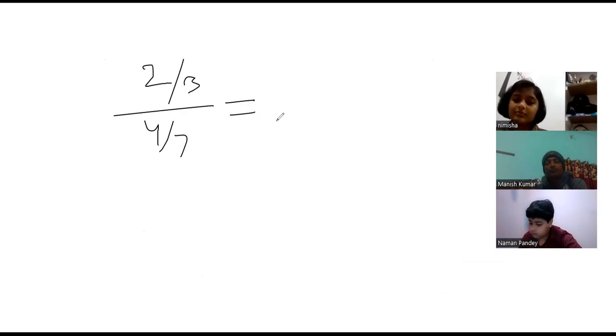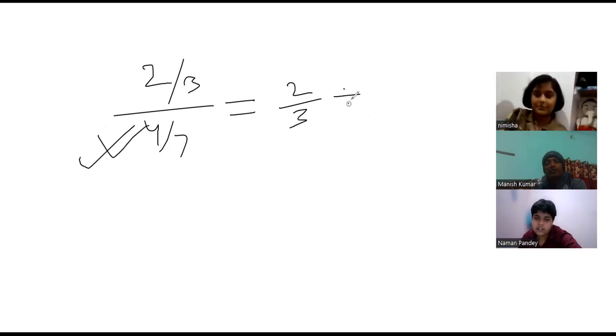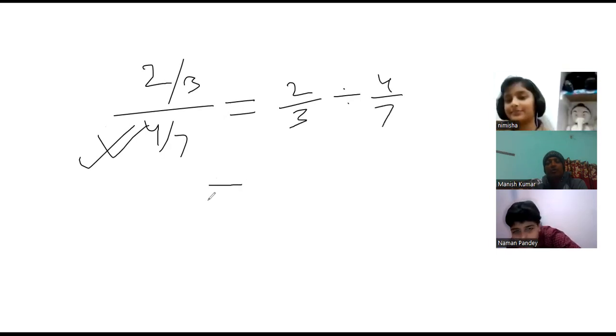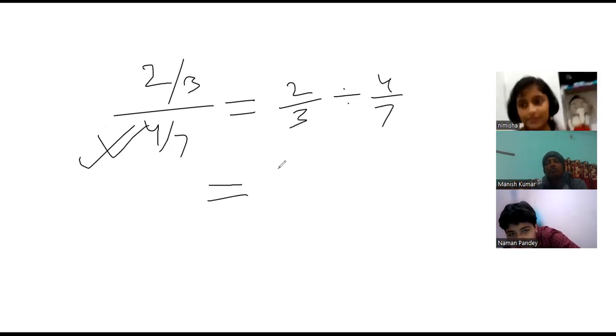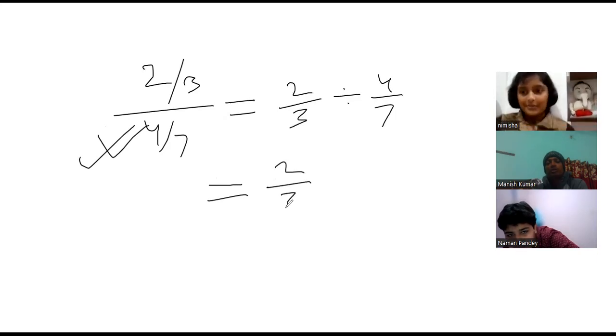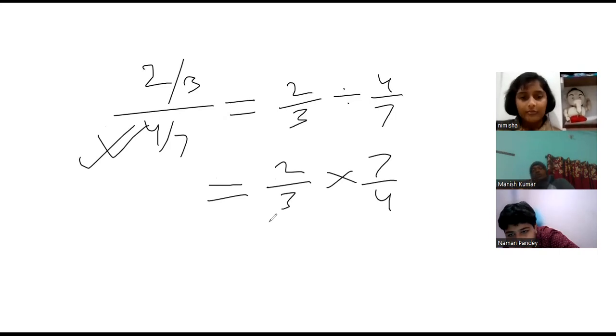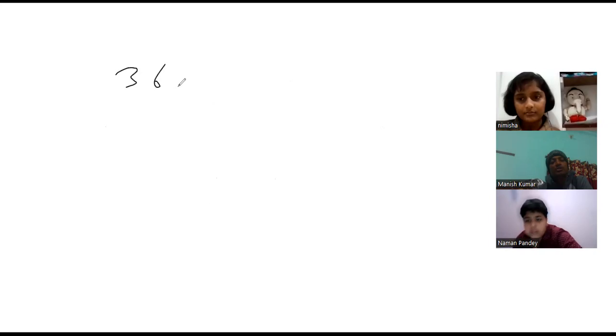After the dividing sign we get 4 by 7, then the division can be converted into multiplication: 2 by 3 into 7 by 4. You are aware how to do it, isn't it? Okay, good. Now let us do some other question.